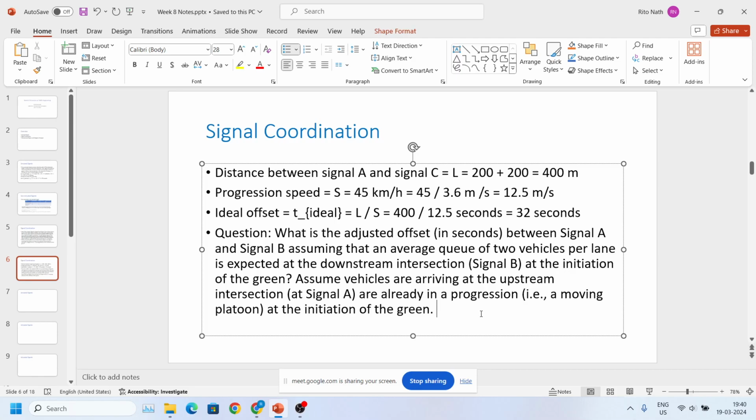One was related to the startup loss time that was mentioned. And then you need the saturation flows and headways. Saturation headway was given. And you have the Q value as well, I think. So let me check. Saturation speed.